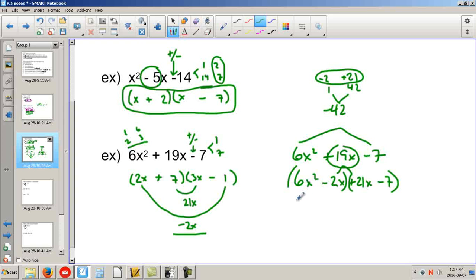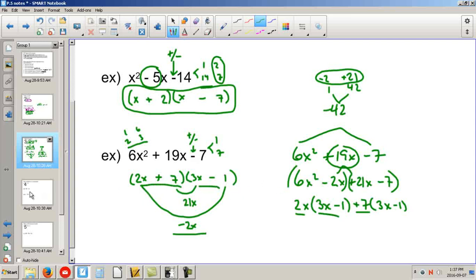So these two have a 2x in common. Start a parentheses. We'd be left with 3x minus 1. Over here they have a 7 in common, so plus 7 times 3x minus 1. And if you look closely, you see the 2x plus 7 that we had over here, and of course you can see the 3x minus 1.